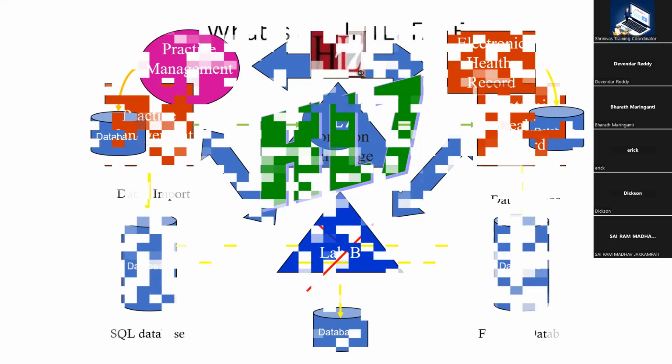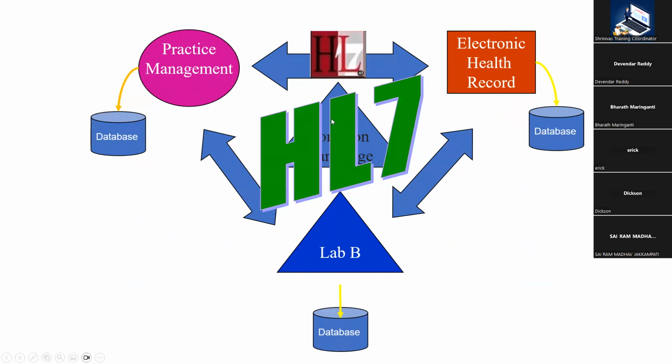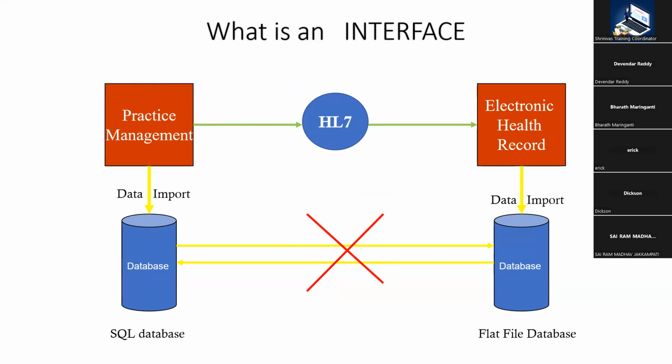Okay, so now that we have understood what HL7 is and its importance, let's talk about a term called interface. We hear this term interface a lot. So what is an interface? An interface is nothing but a bridge that you develop between two different applications.